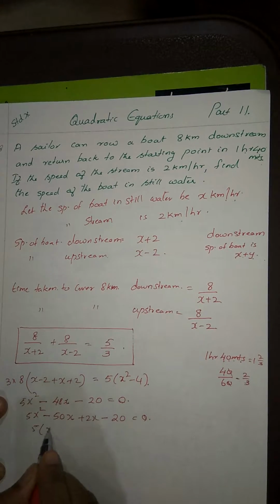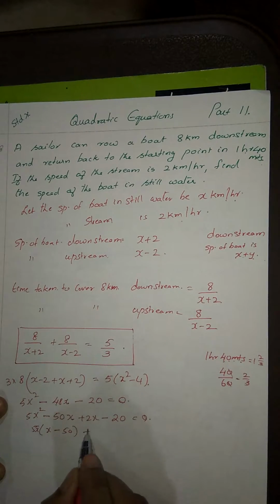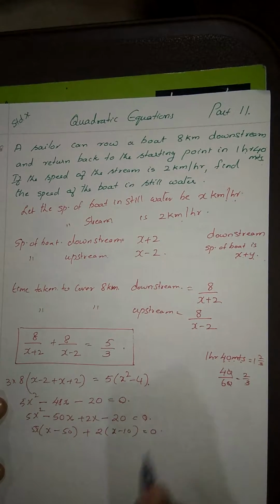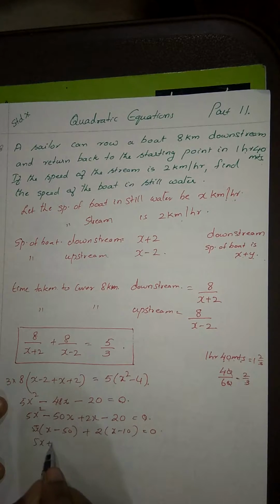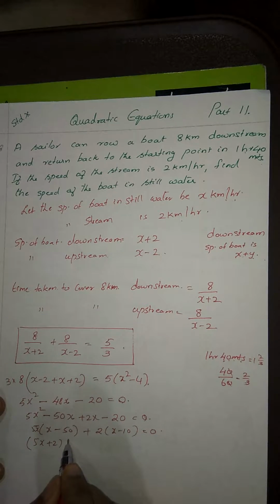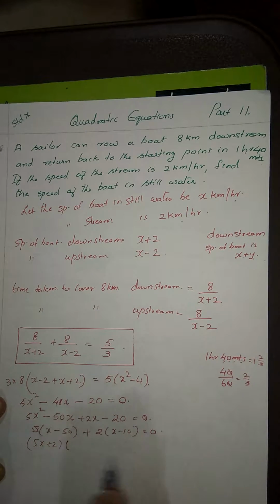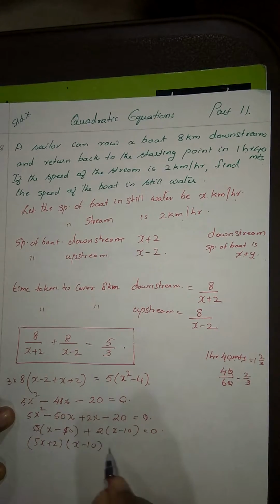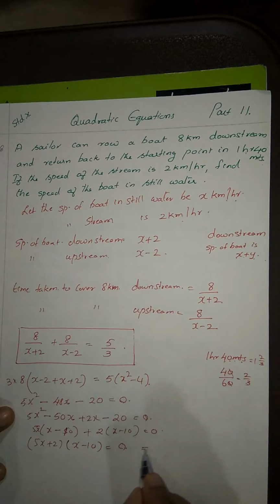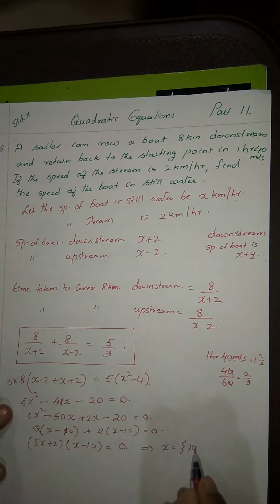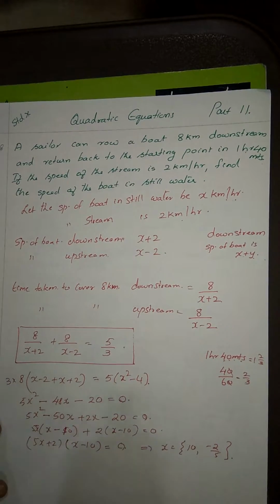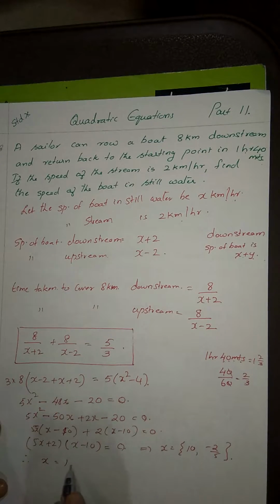So 5x into x minus 10 plus 2 into x minus 10 is equal to 0. So 5x plus 2 into x minus 10 is equal to 0, from which you get x is equal to 10 and minus 2 by 5. Again ignore the negative value. So therefore x is equal to 10.